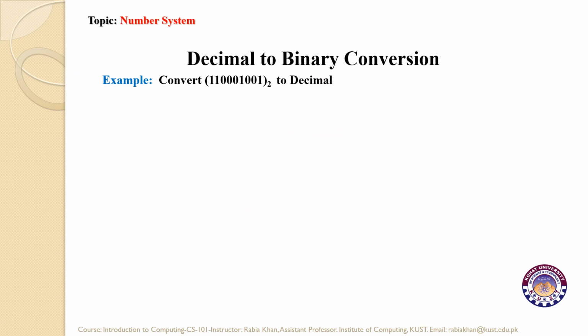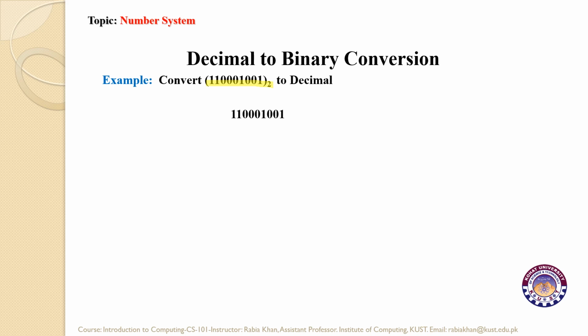So here we have a binary number. As you can see, it is having base 2 and only zeros and ones are there. So we need to convert this binary number into the decimal number system. As the rule states, we need to multiply every single binary digit mentioned here with 2 from power 0, and this multiplication will move from right to left.